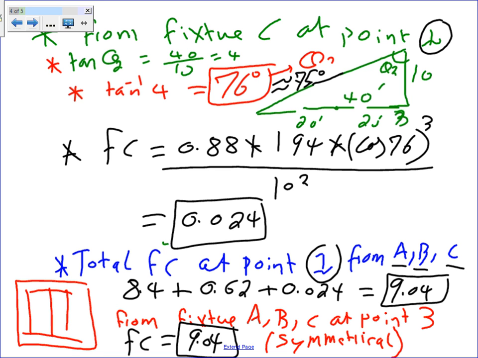Everybody knows why 9.04? Because ABC at point 3 is identical, symmetrical, to ABC at point 1. Any question?